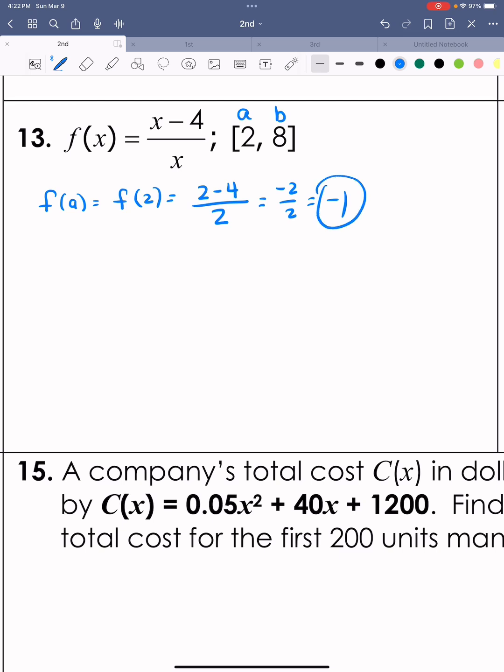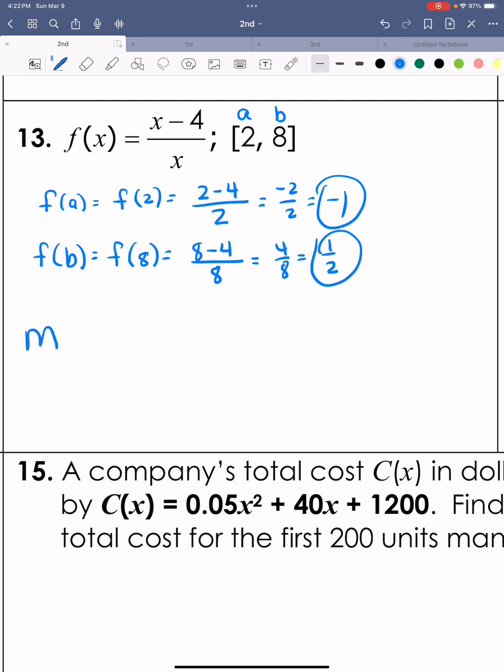And there's your f of a. Now f of b is equal to, we're going to fill in the 8. So that's going to give you 8 minus 4 in the numerator over 8 in the denominator, and 4 over 8 is equal to 1/2.